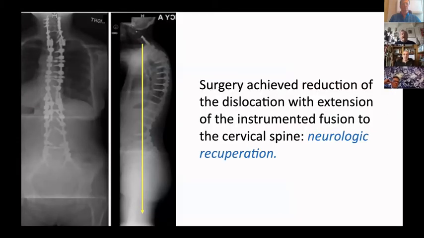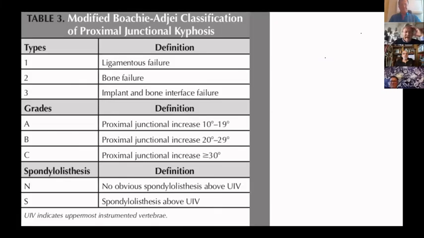The surgery again became necessary because of the neurological deficit. It has been elongated into the cervical spine, and the patient improved neurologically. But what is going to happen in the long term is a patient who is basically fused from C5 down to the pelvis. We don't really know exactly.